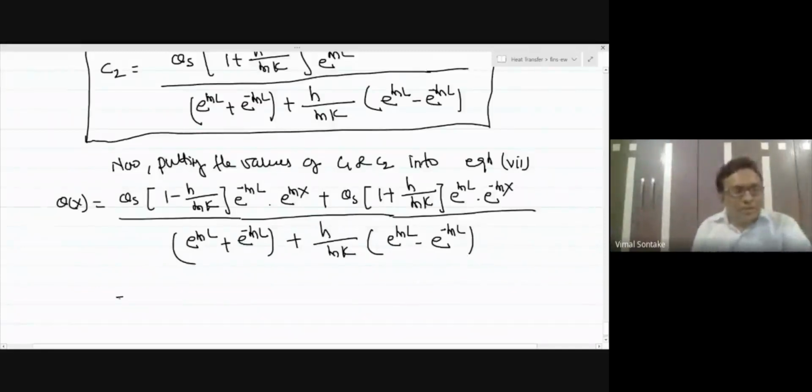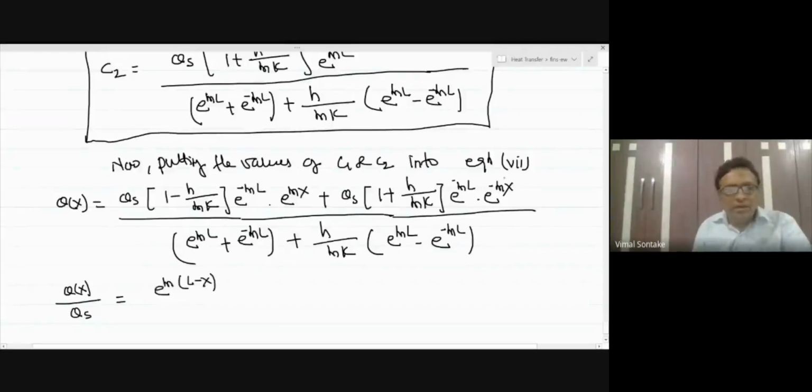Let us simplify this. So e to the power m(l minus x) and e to the power minus m(l minus x). This way we can solve it. This will become e to the power m into (l minus x), and this will become e to the power minus m(l minus x). In this fashion I can write it. And theta s is common everywhere, so I take it to the left hand side. So it will become theta x over theta s. Now how will it become? See, e to the power m(l minus x), where did it come from?